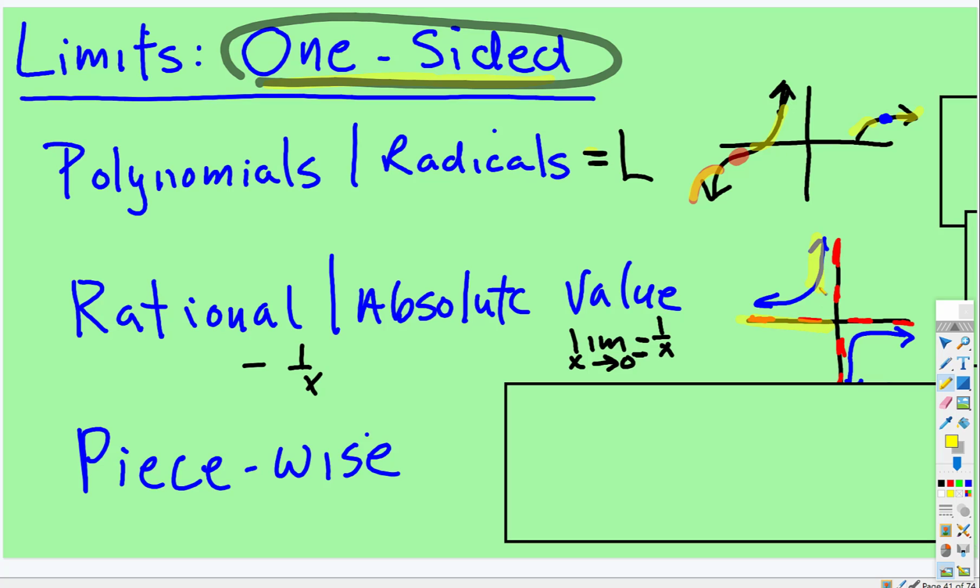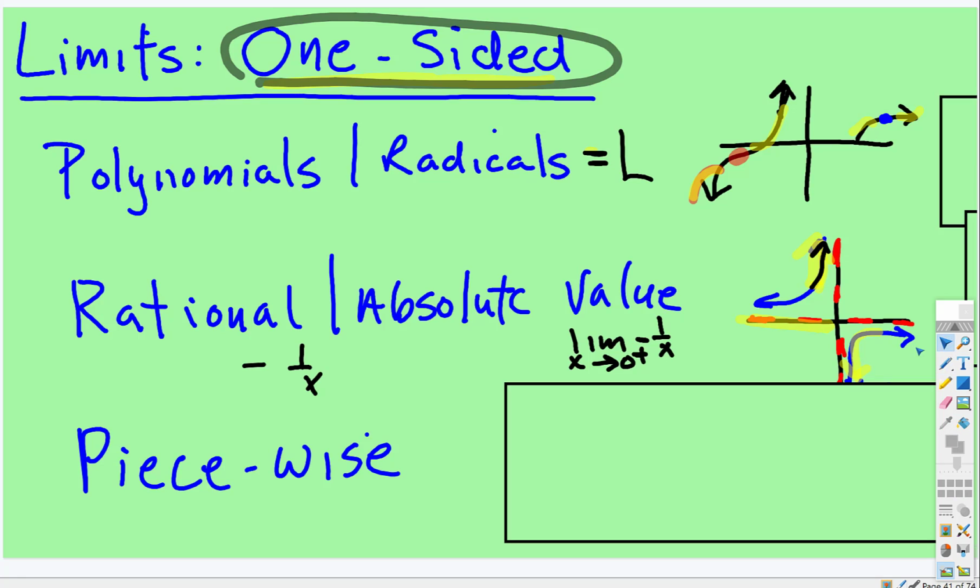Well, where is that approaching? That is approaching positive infinity; the y values are headed off to positive infinity. And if I were to look at that from the right side, the y values are now headed towards negative infinity. Okay, so that's the rational.